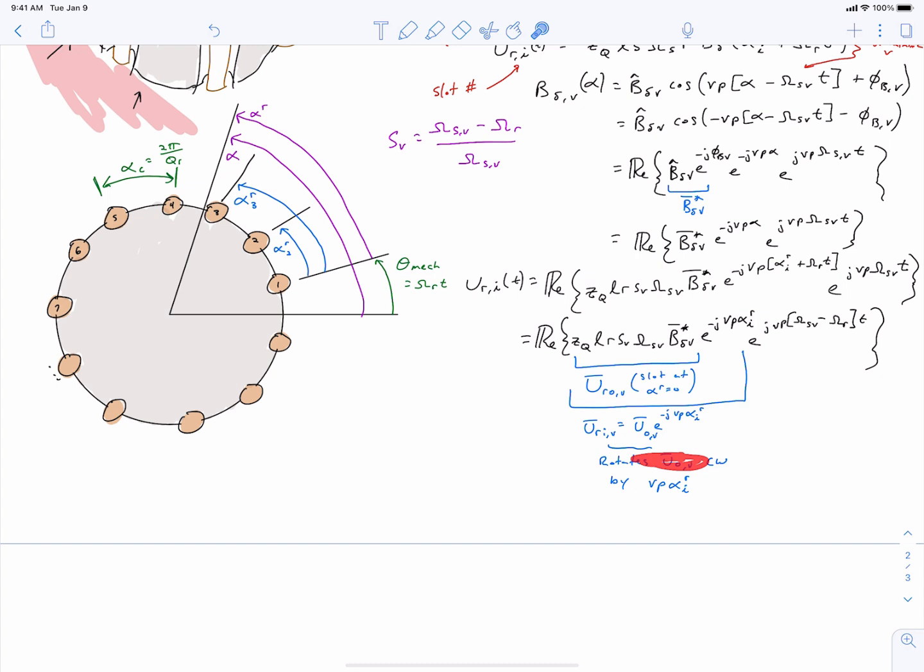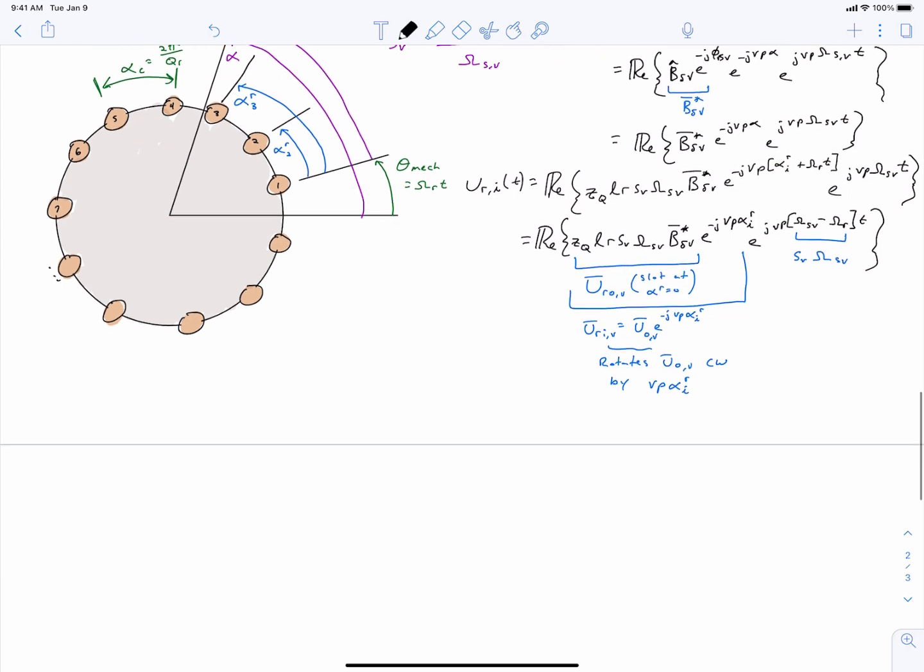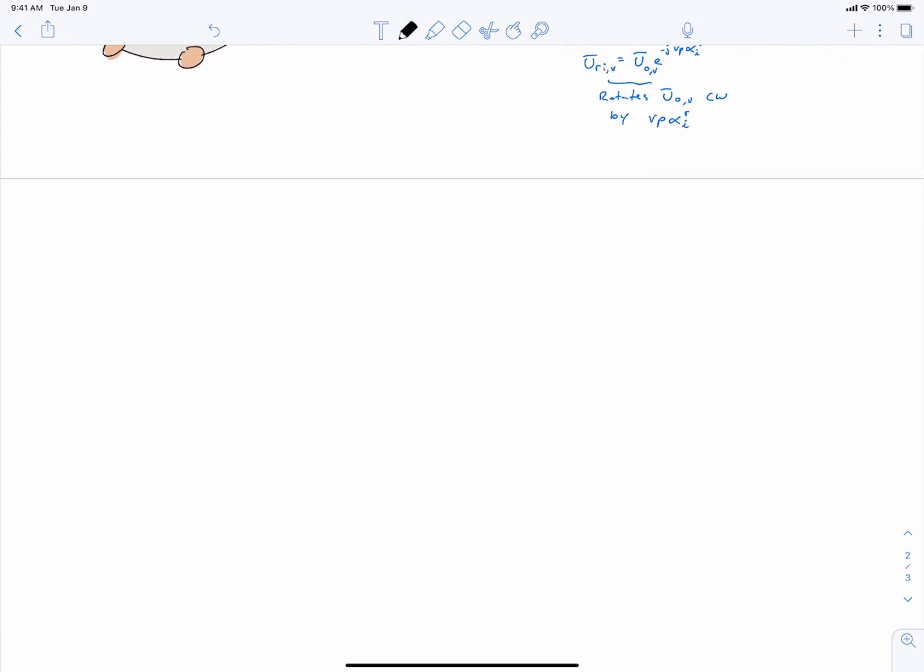And all that does is it just rotates our phasor for our coil side here by the angle that the slot occurs at on the rotor. Next, we can recognize that this quantity right here is simply equal to our slip times our stator field. So we can now bring this together and drive towards a final expression.